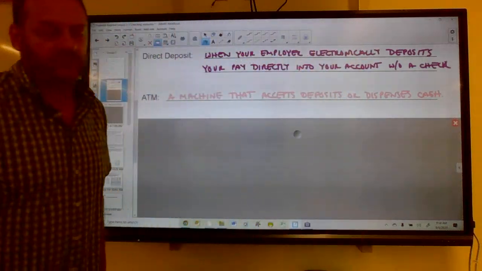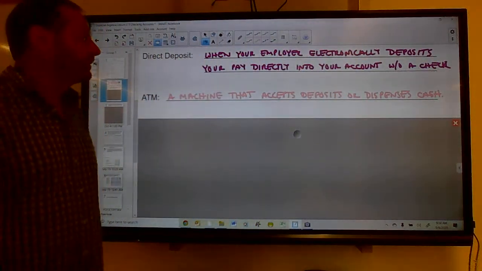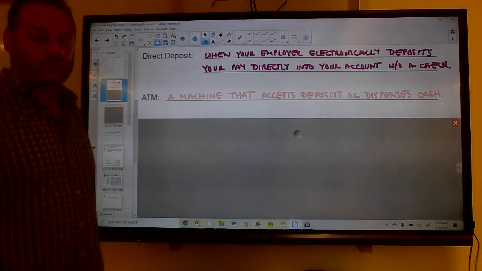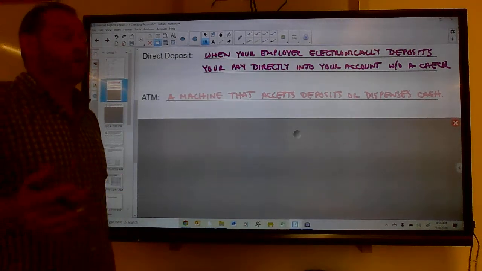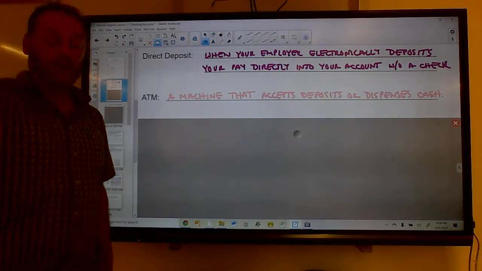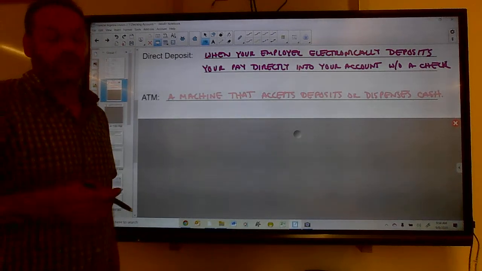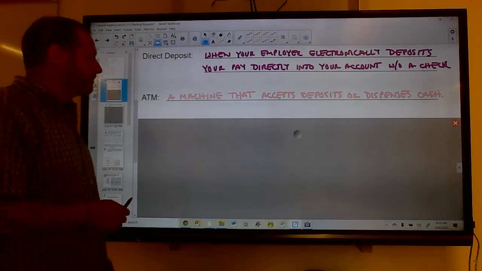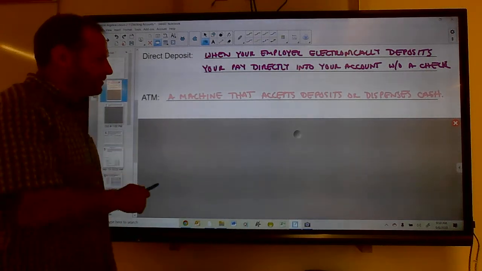So you can do your banking at a machine instead of having to go into the bank, which is very convenient many times. Some people have jobs where they work in the evening, or they're available in the evening, and the banks are already closed. So they have to do their deposits at an ATM if they want to do them in a timely fashion.